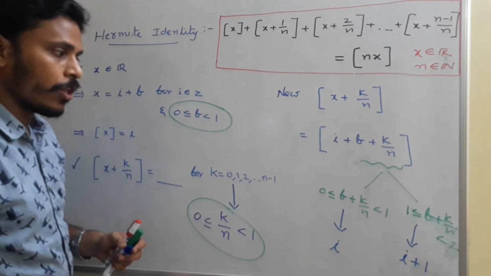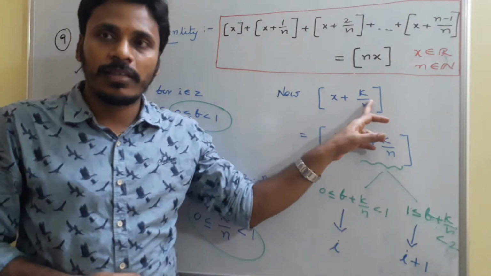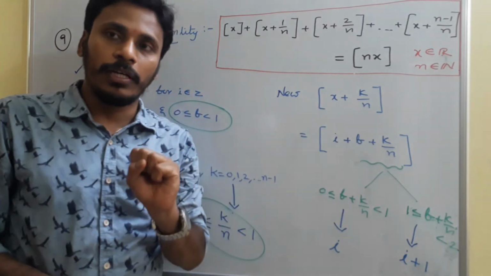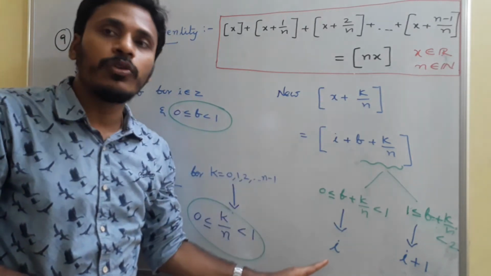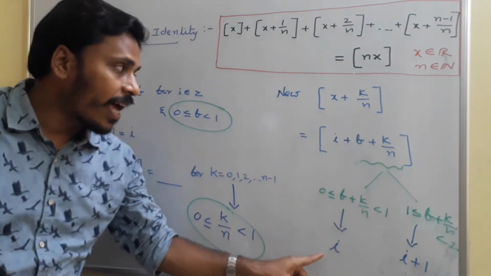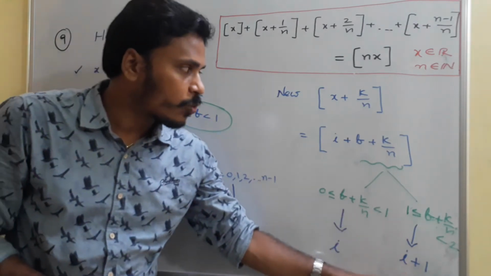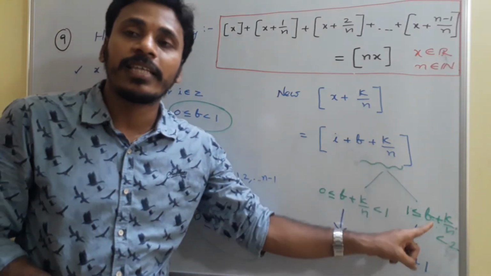Just think about it. So my conclusion is, if you observe this step of x plus k by n, it has two possibilities. In one case its value is I, in the other case its value is I plus 1. It is I if f plus k by n is less than 1, and it is I plus 1 if f plus k by n is greater than 1.